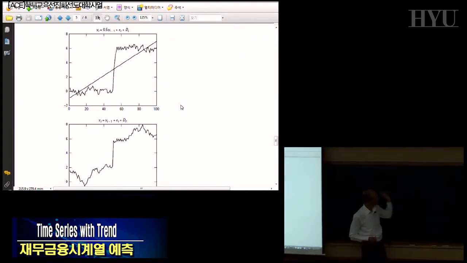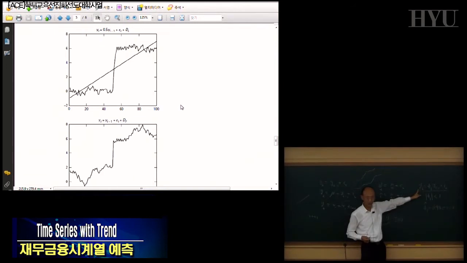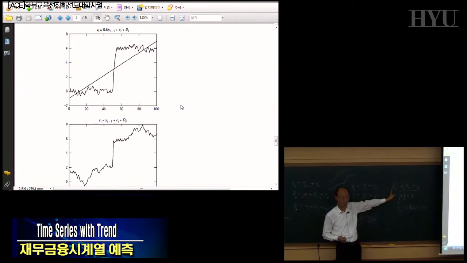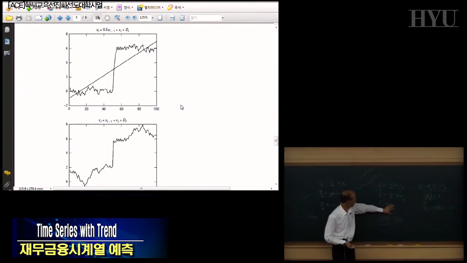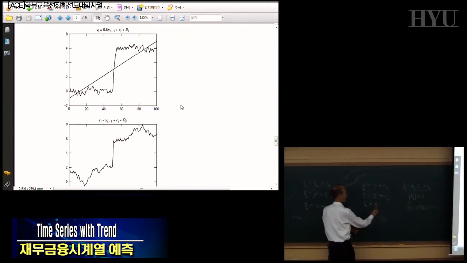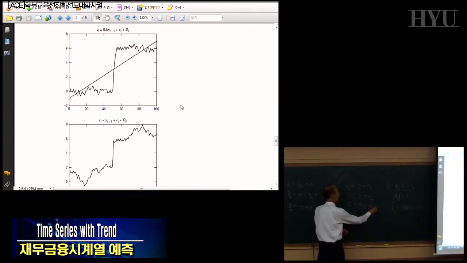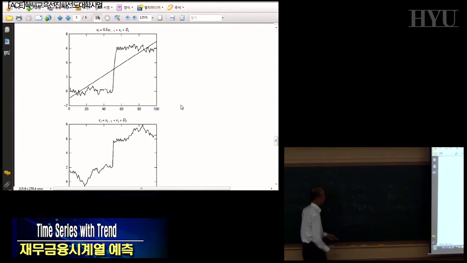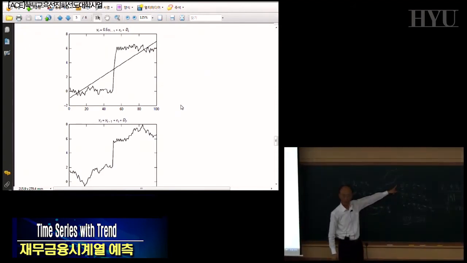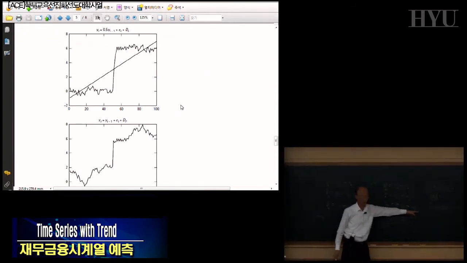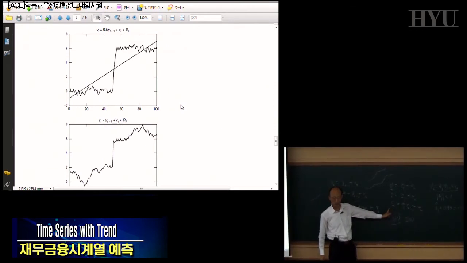But if the data is generated from this one, if the stock price is generated from this one, it's predictable, right? Predictable. Or if it is generated from, let's say, yt with some stationary part, it is predictable, right?